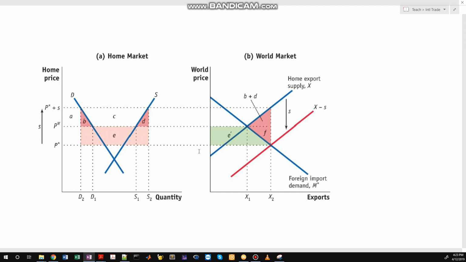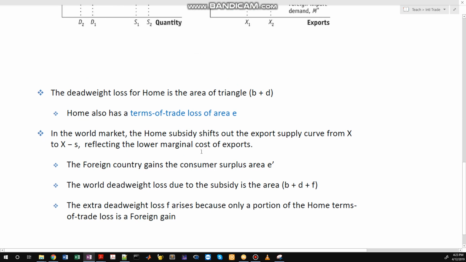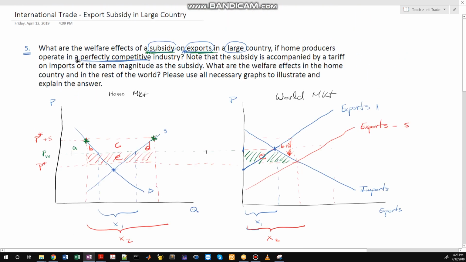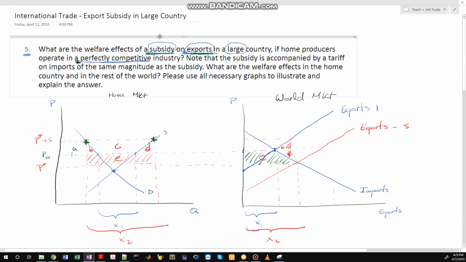So the key of this video, and if you go through the slides, there's also a discussion that tells you exactly what's going on and why. This was basically to really show you and to help you understand how to use these 4 principles again, of knowing what's the policy instrument, what sector is it placed on, what type of country, and what type of market structure.